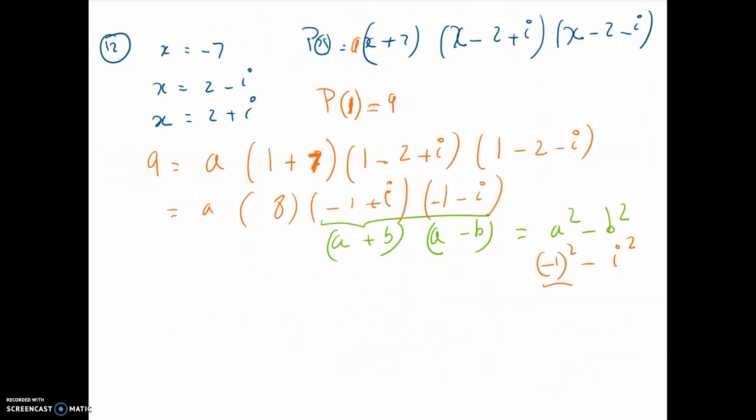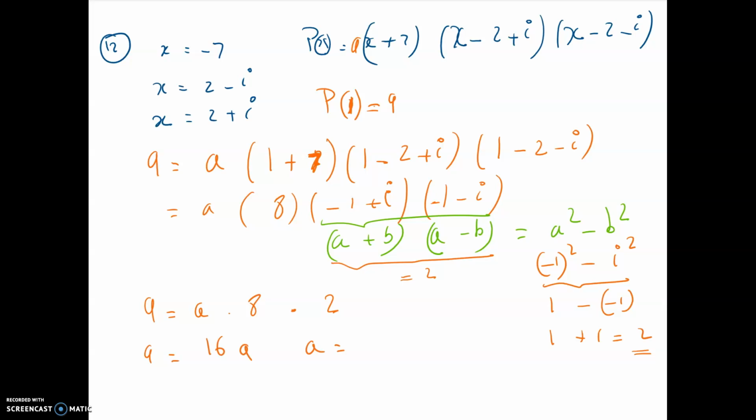And that gives me 1 minus negative 1, 1 plus 1, and it will be equal to 2. So basically I end up having 9 equals a times 8 multiplied by 2 because this is equal to 2. So I end up having 9 equals 16a. So a equals 9 over 16.